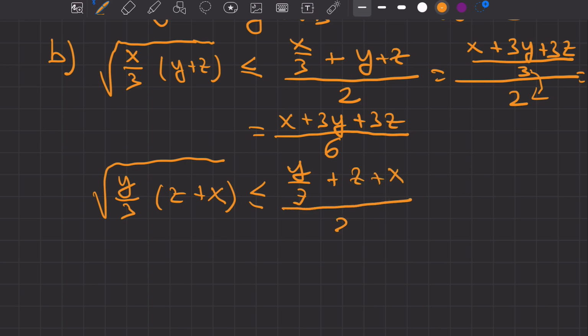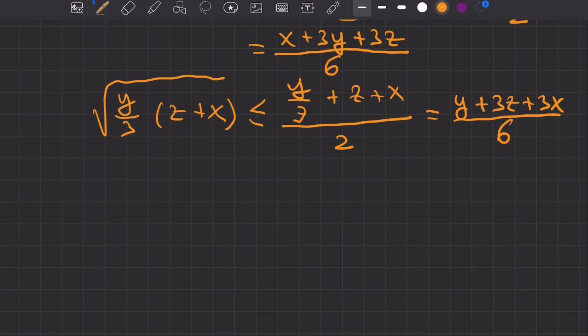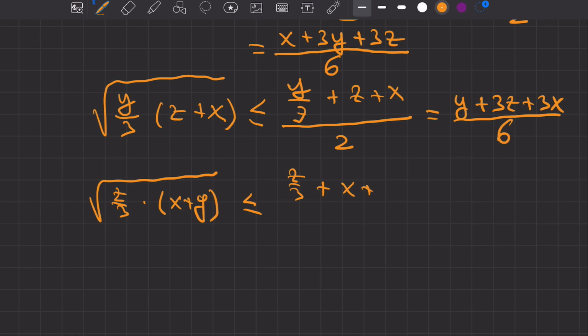In the same way, we get that it is y plus 3z plus 3x all over 6. And the third one, it is z over 3 multiplied by x plus y less than z over 3 plus x plus y, and this is z plus 3x plus 3y, everything over 6.